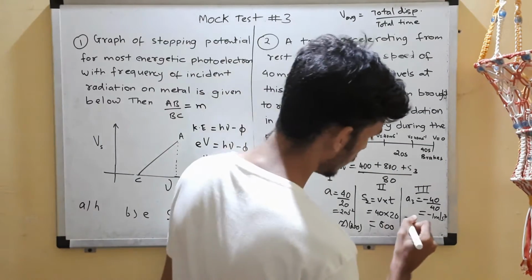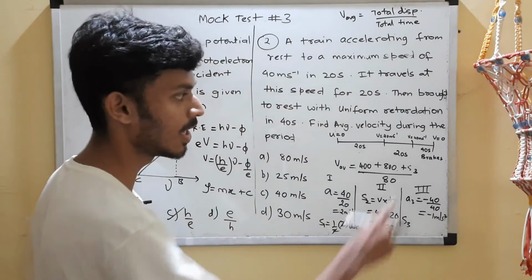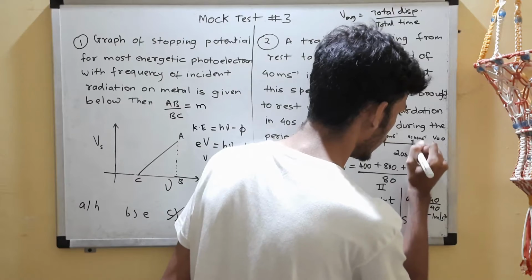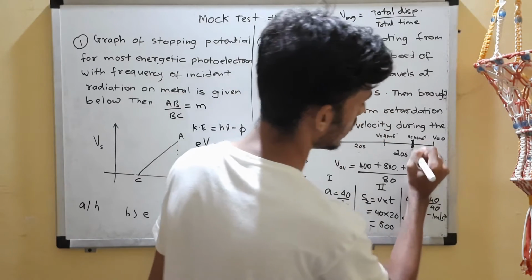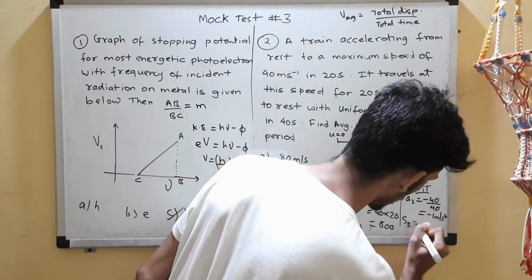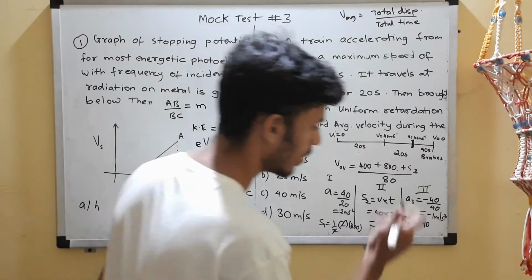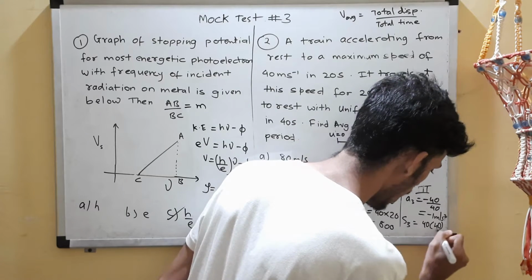Now s3 can be found out as ut plus half at square. Here u is not 0, right? In the third part of the journey, initial velocity is 40 meters per second. So ut is 40 into t, time taken for the journey, 40, plus half at square.